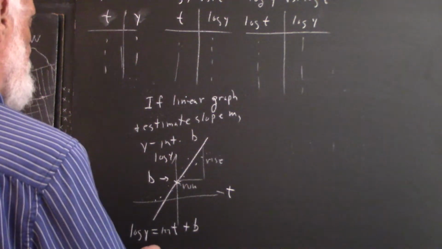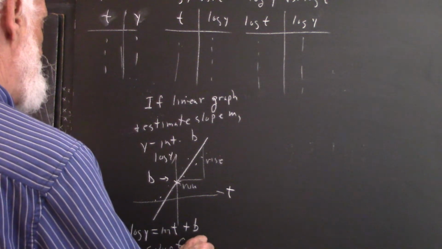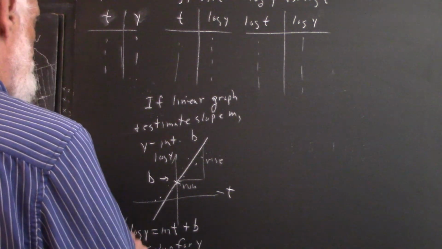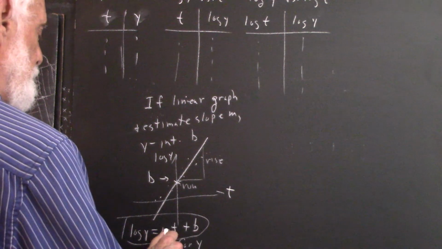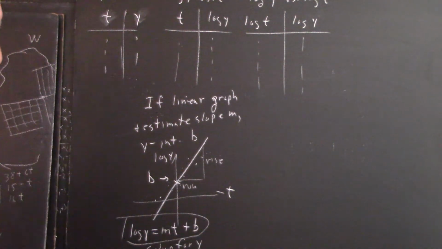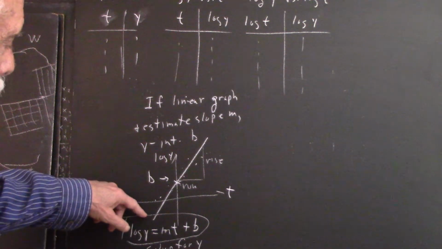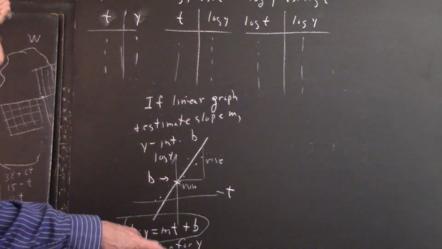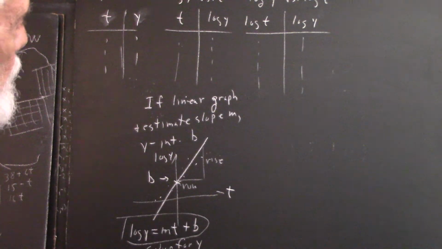And you can solve for y. And you should know how to solve the equation log y equals mt plus b for y. If it's a log, you do 10 to the log y, that gives you y. You do 10 to the mt plus b, and then simplify it.